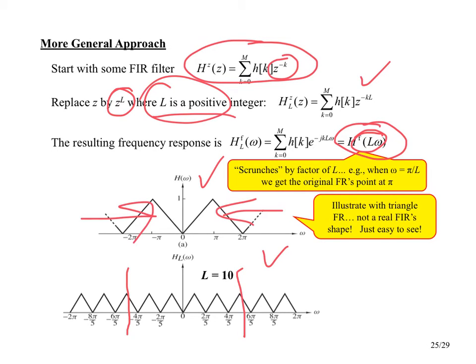The triangles are narrower, and we get a bunch coming in that were outside. They were the spectral replicas out here before. I illustrate this with this nice triangle, even though we can't really get that from an FIR filter, but it sure is convenient for doing that kind of stuff.